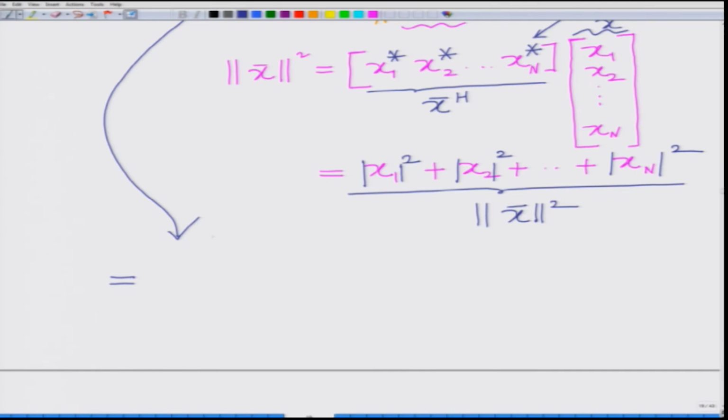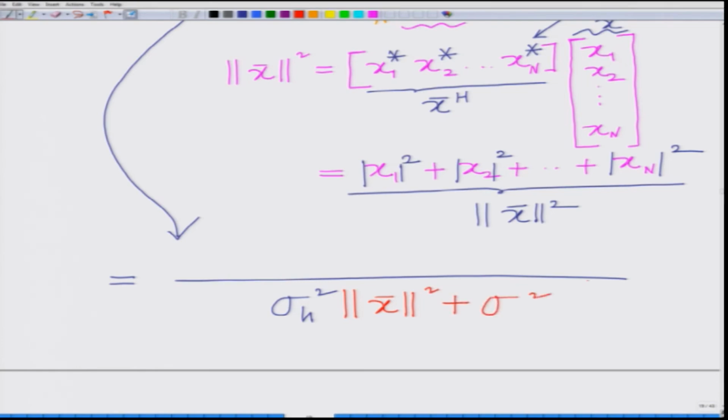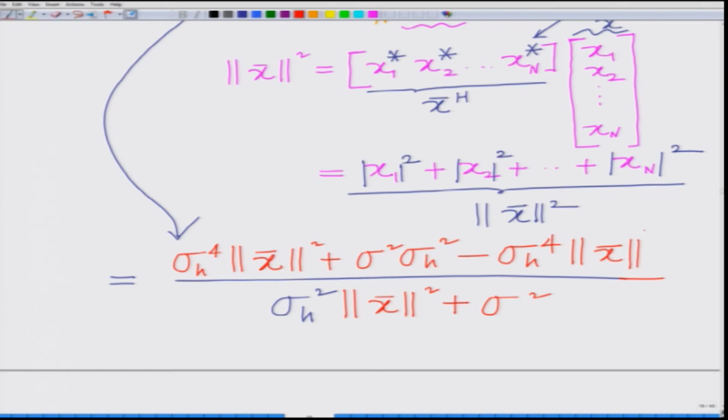That will be given by, taking common, sigma h square times norm x bar square plus sigma square, sigma h to the power 4 norm x bar square plus sigma square sigma h square minus sigma h to the power 4 norm x bar square.